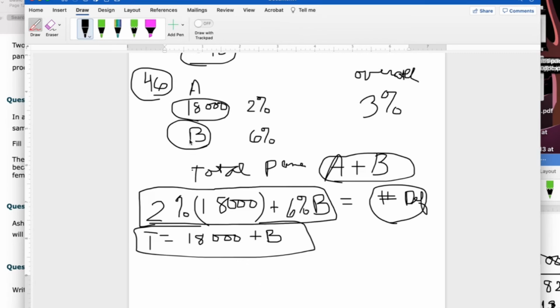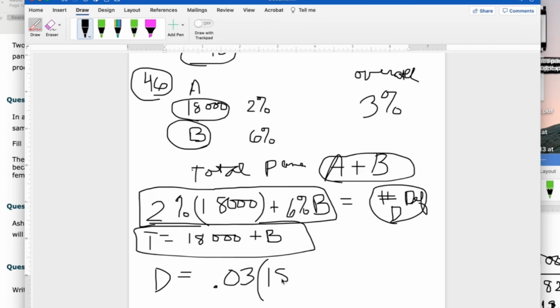Remember, we're looking for B. So 2%, which is 0.02, of 18,000 plus 6%, or 0.06 times B, is the number defective. We'll call this D, the defective ones. We know that D is 0.03 times 18,000 plus B.